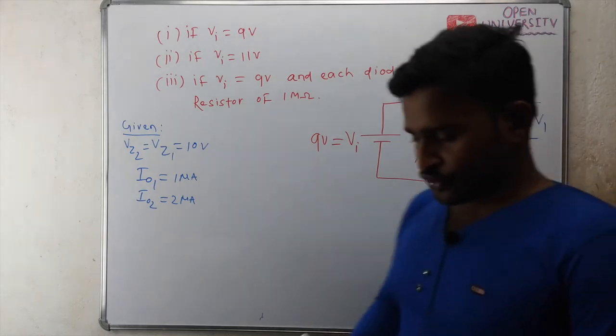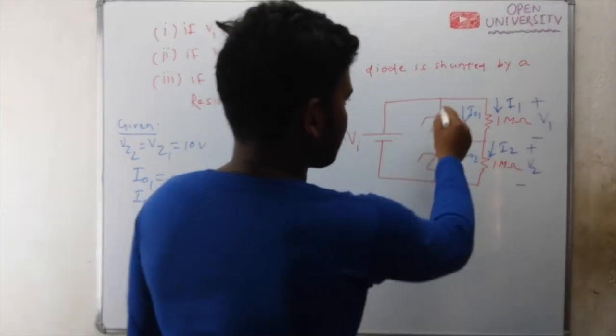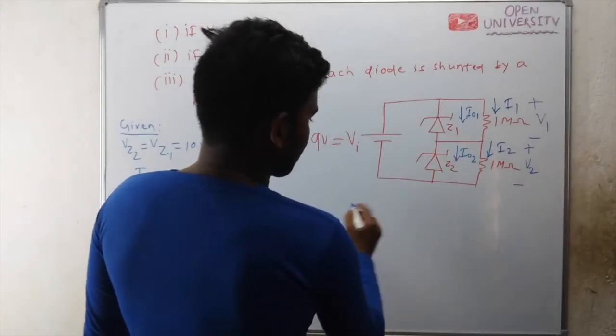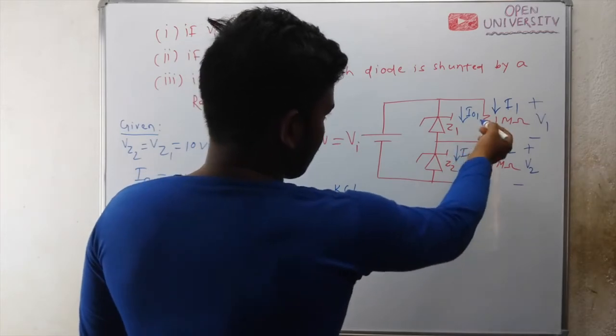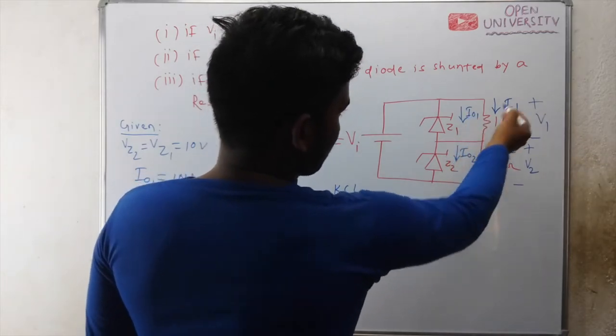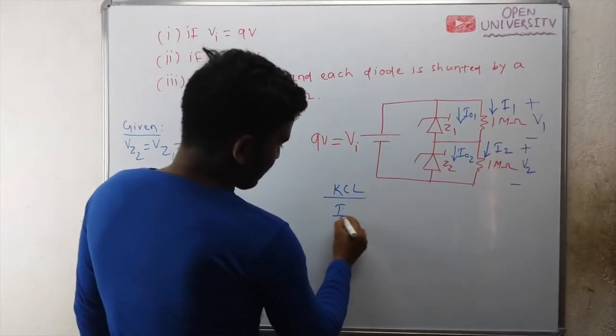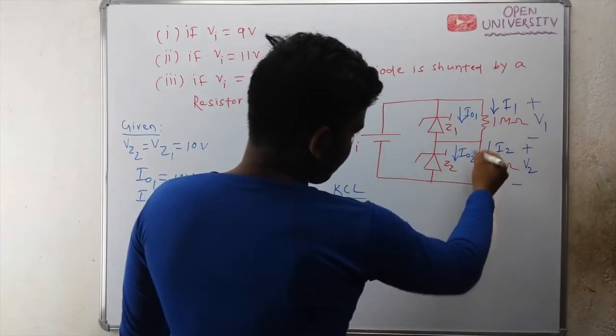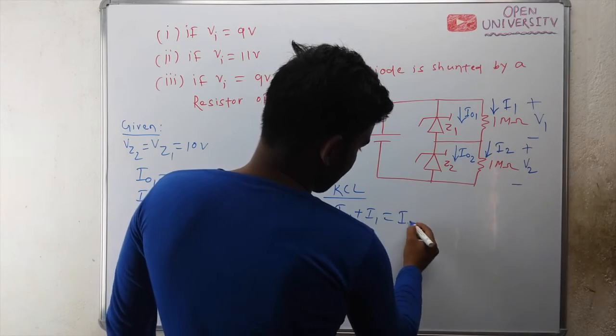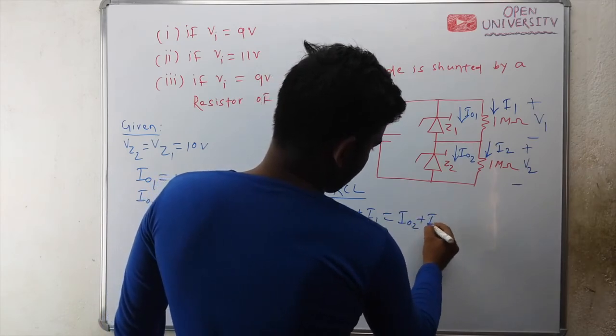Okay, if you apply KCL at this point, what will happen? What is the incoming current? I01 plus I1. I01 plus I1 equals the leaving current, I02 plus I2.